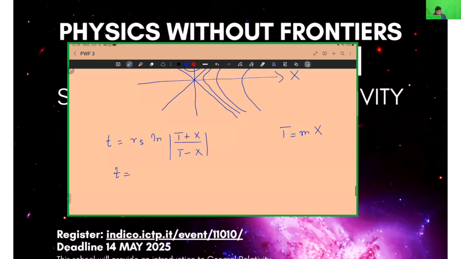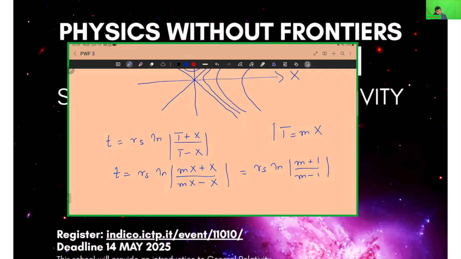So t equals Rs log of mx plus x divided by mx minus x. You can take x as constant and divide it on the numerator and denominator, and you get m plus 1 over m minus 1.